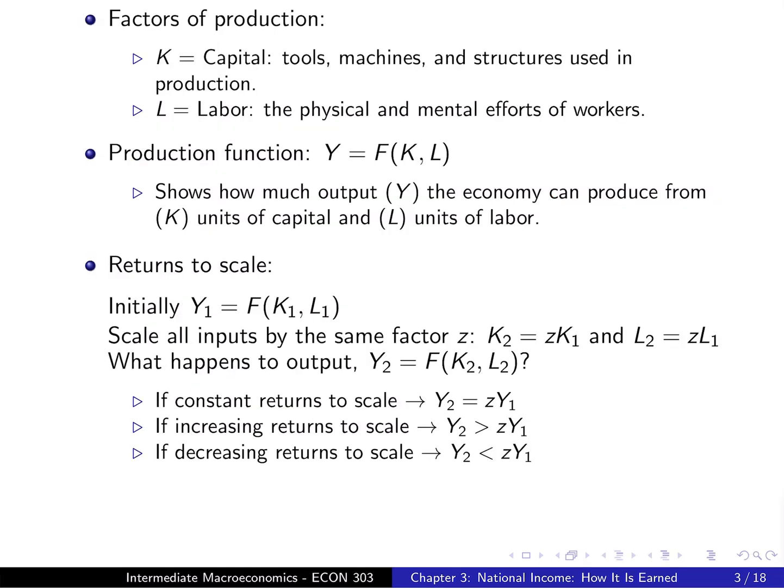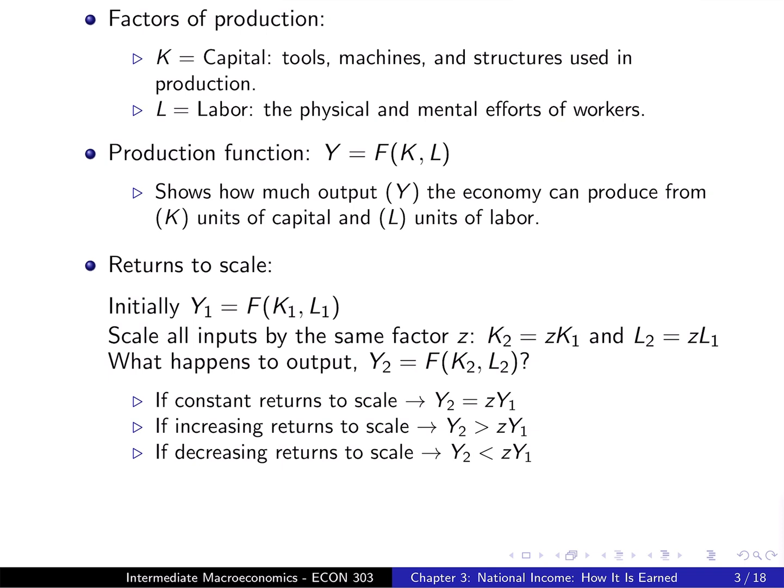Let's now talk about the building blocks of production in an economy, starting with the factors of production. K stands for capital. These are tools, machines, factories, and structures used in the production of goods and services. L stands for labor. This includes both the physical and mental efforts of the workers in the economy.